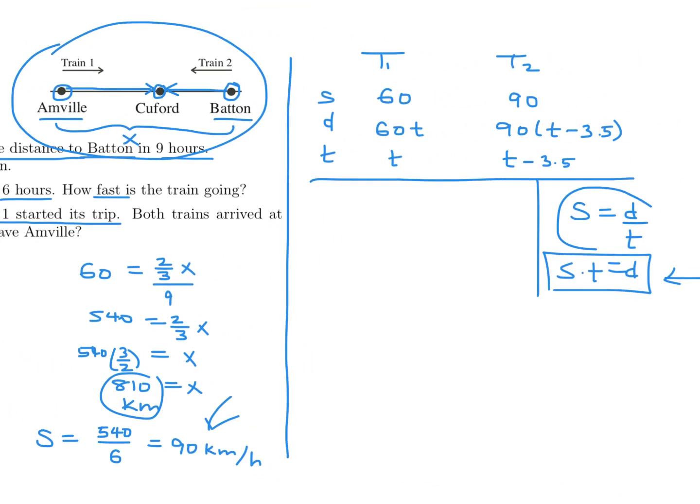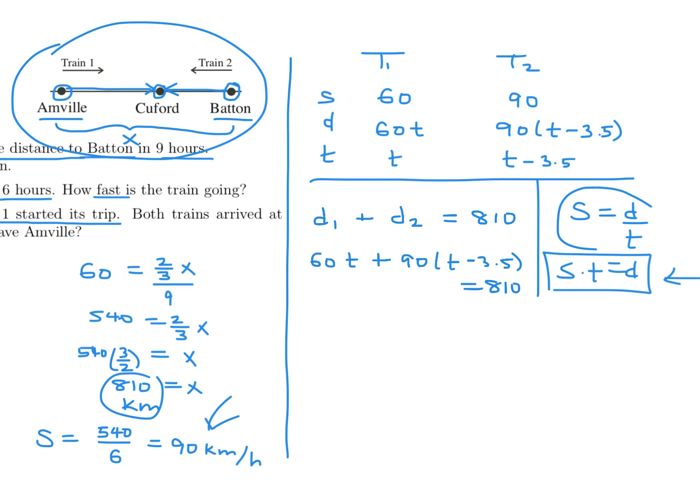So the distance for train 1, I'll write D1, plus the distance traveled by train 2 would be the total distance, which is 810. So D1 is 60t, and D2 is 90 times t minus 3.5, and that all equals 810. Hopefully this will give me my t.